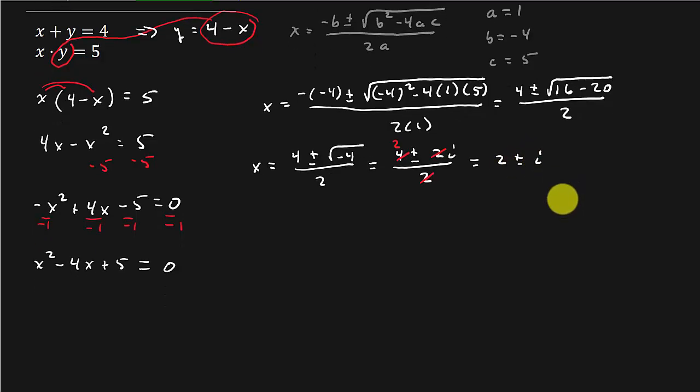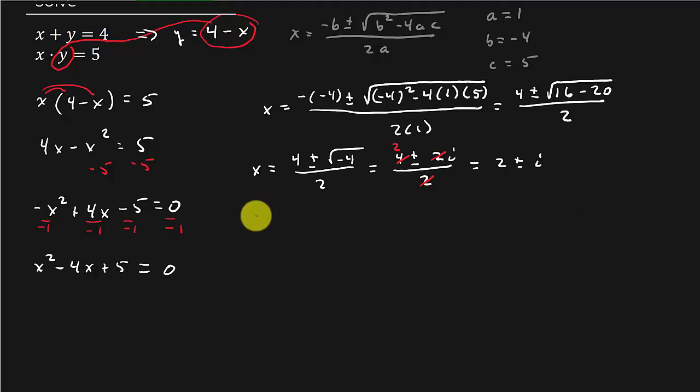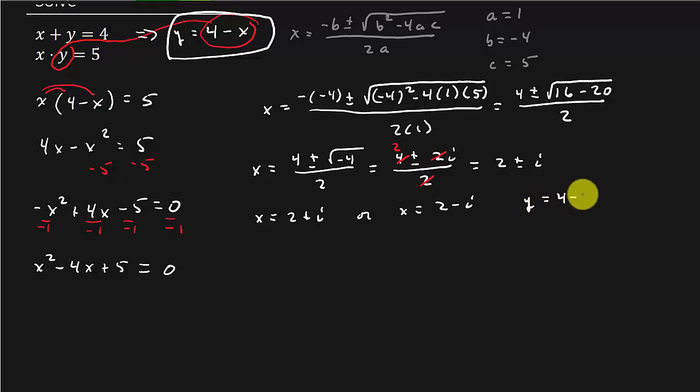So basically what I have here is two solutions. x equals 2 plus i, or x equals 2 minus i. So that's our x values. So we need to get our y values. So notice up here we have y equals 4 minus x. I'm going to write that right here.